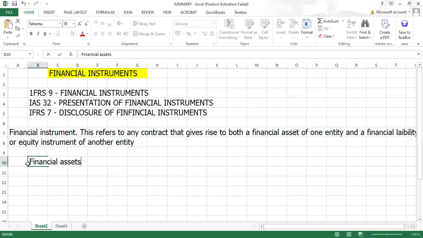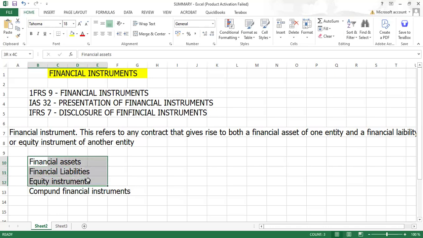Understand the financial liabilities. Then understand the equity instruments. Then also understand the compound financial instruments.